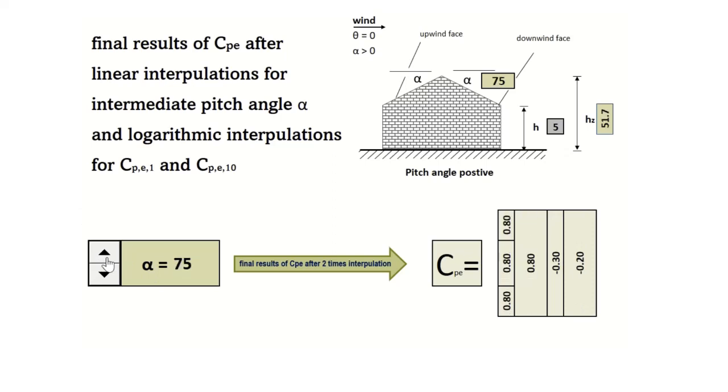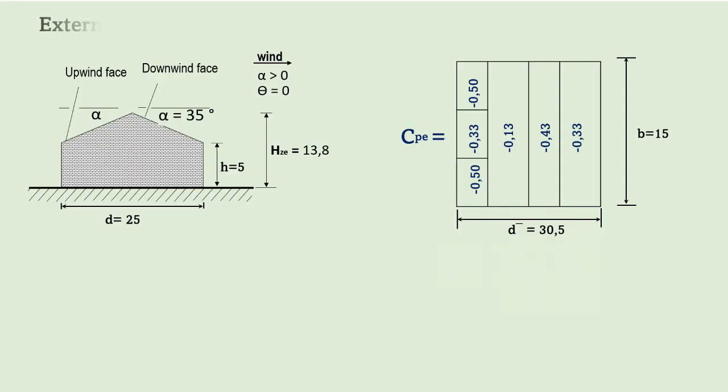And these are the values of external pressure coefficient by pitch angle 75. Now we need CPE values for pitch angle 35 degrees. In this way, we get final results of external pressure coefficient for angle 35 degrees.